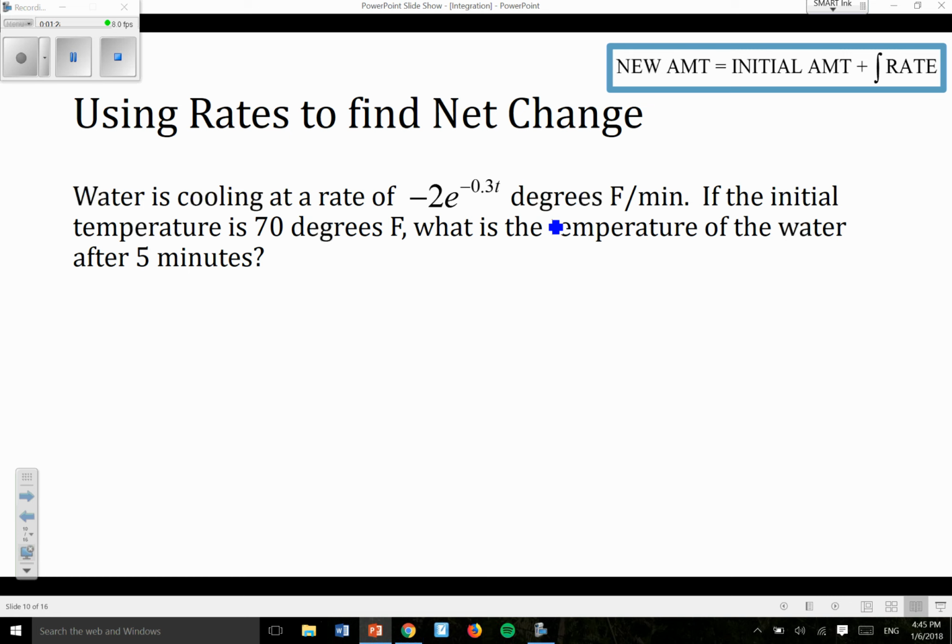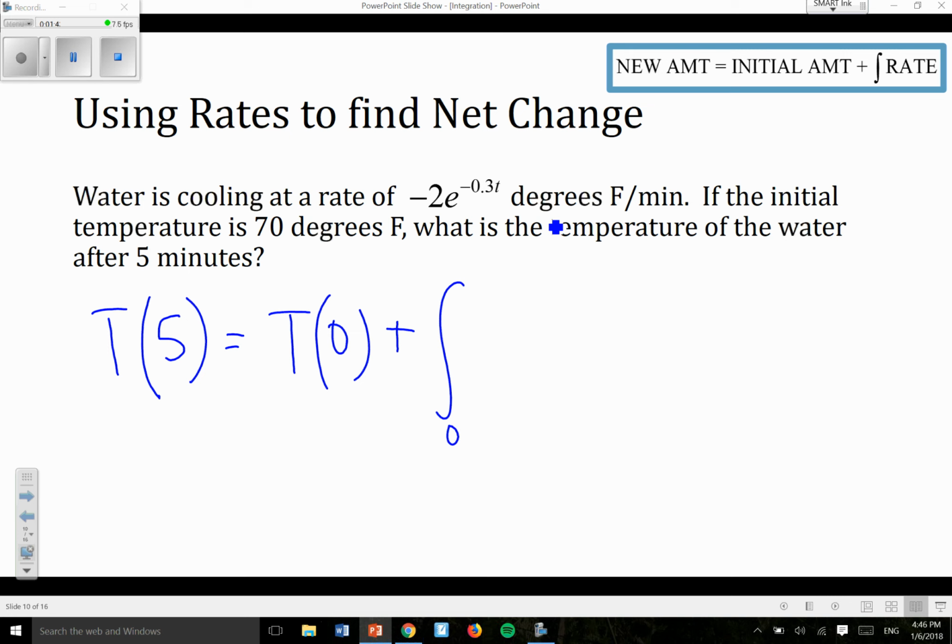So let's call this temperature capital T. If I want to find T after 5 minutes, I figure out what my temperature was initially, and then integrate the rate of change, T prime of t dt, from 0 to 5. This tells me where I am. This tells me my net change. That tells me my final temperature.